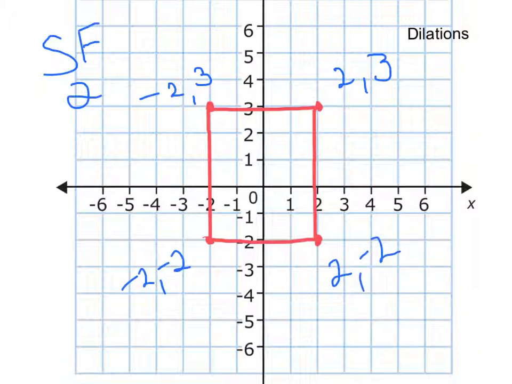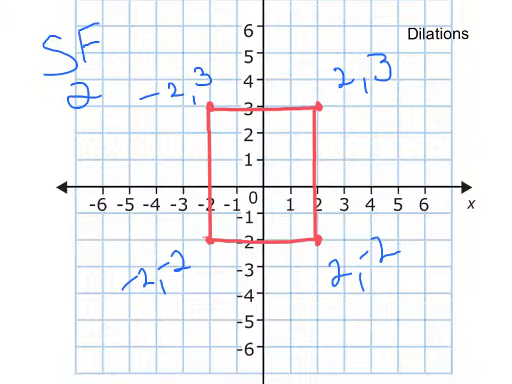Now what we're going to do with a scale factor of 2 is multiply each of my coordinates by 2. So when we look at this point down here at (-2, -2), when I multiply both the x and the y coordinates by 2, I'm going to end up at (-4, -4).